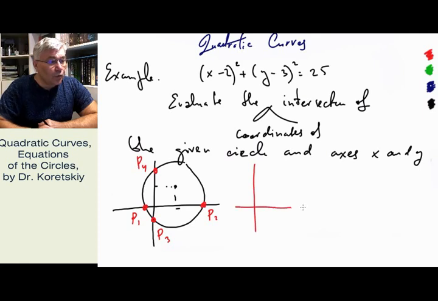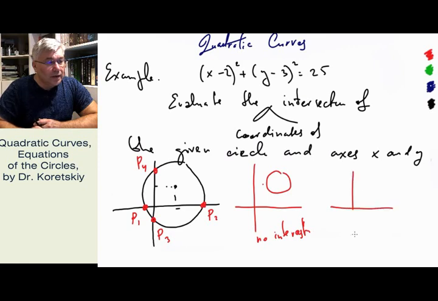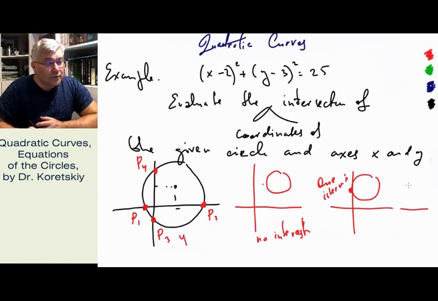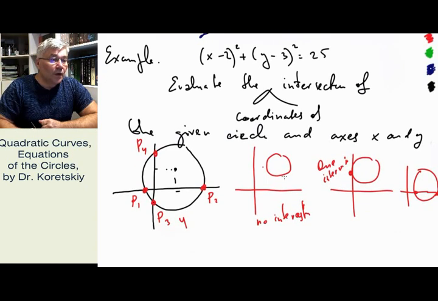Sometimes we can have no intersection point. For example, if the radius is quite small, there is no intersection. Sometimes the circle can touch only one of the axes, and we have just one touch point here. So we have here 4. Sometimes we can have just 2 intersection points because it can intersect only one of the axes.